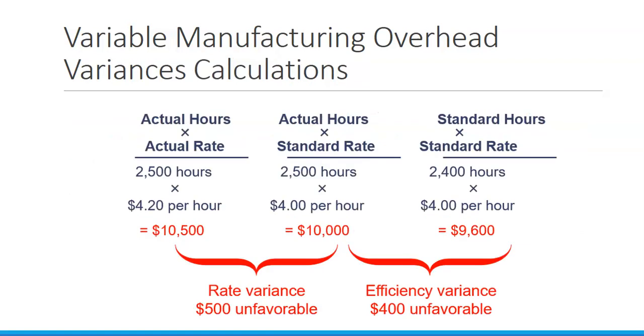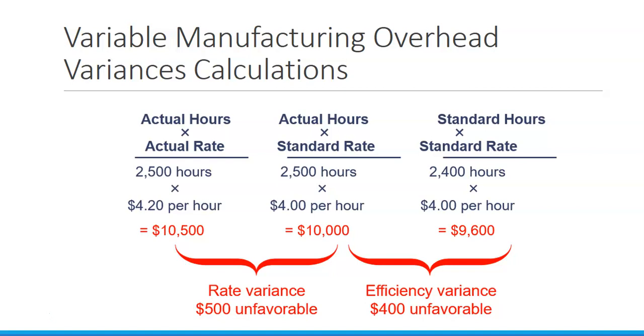So our actual variable overhead was $10,500. Our actual amount applied would have been the 2,500 hours at our rate of $4 per hour. And then we know from the labor, our standard hours would have been 2,400 labor hours at our variable overhead rate of $4 per hour.